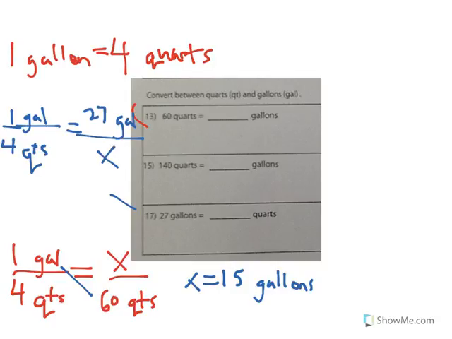So the way I'm going to figure out this problem is to multiply 27 times 4, which is 108, I believe. No, it's actually not 108. Oh yeah, it is 108. Then I'm going to divide by 1. So my x value is just going to be equal to 108 quarts. So that's how you do it.